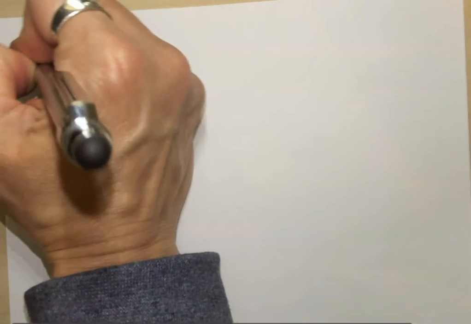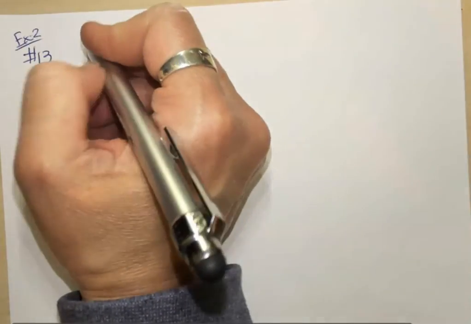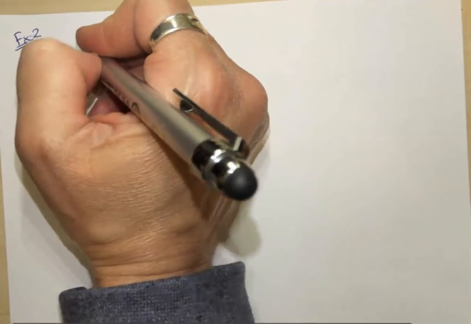Let's do one other one. This is number 13, or our example number 2, if you don't have a worksheet and you're listening to the video. Actually, let's do 15.